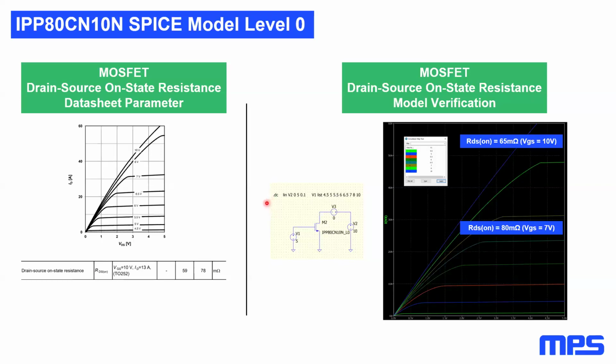However, it also includes a very complex modeling of the electrical parasitics, at the expense of long simulations and very demanding convergence problem solving. Eventually, we have settled on level 0, and here we can see how in QSPICE the simulated RDS(on) fits with the datasheet values.